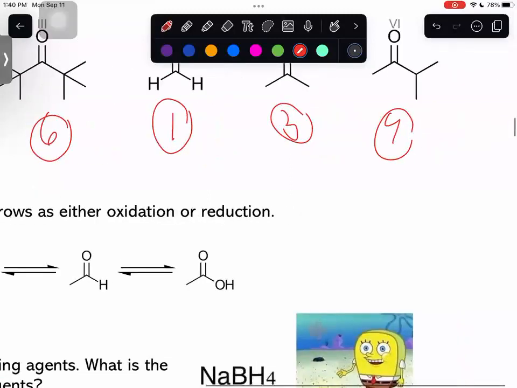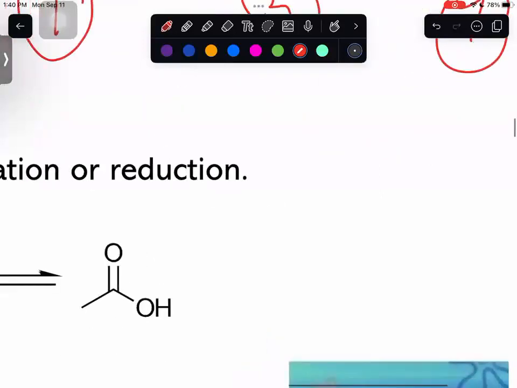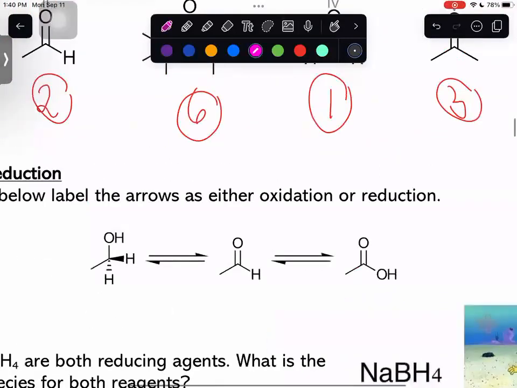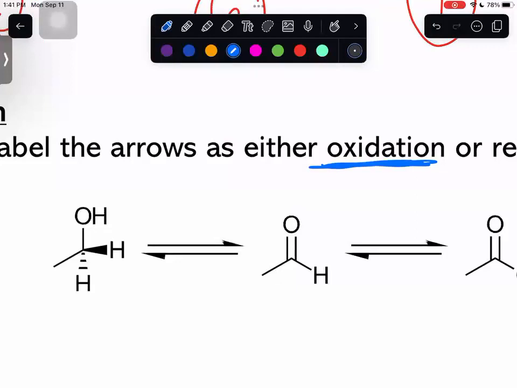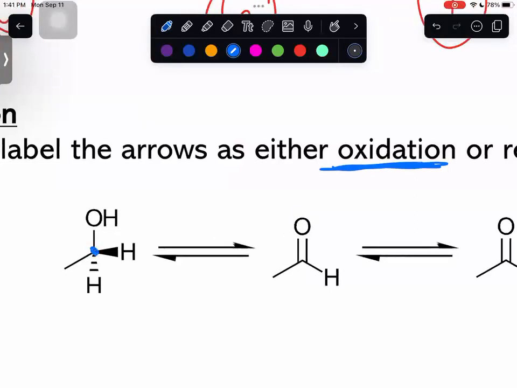Okay, so let's quickly talk about this. Oxidation is basically gonna be whenever we go from an alcohol group to some sort of carbonyl group. Why? Because we're increasing the number of bonds between carbon and oxygen. So on the first one, in the forward direction, we're going from what kind of alcohol group?